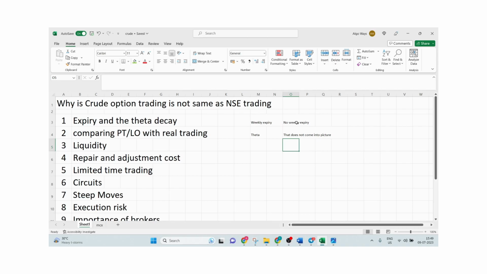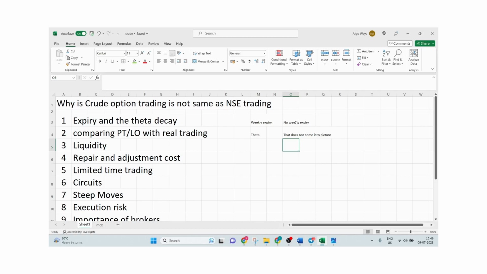So we need to keep the number of repairs as minimal as possible in MCX trading, because every execution is costing us. So what are the major differences? One is weekly expiry, number two theta decay, number three the repair and adjustment cost, which are entirely different between NSE and MCX trading.